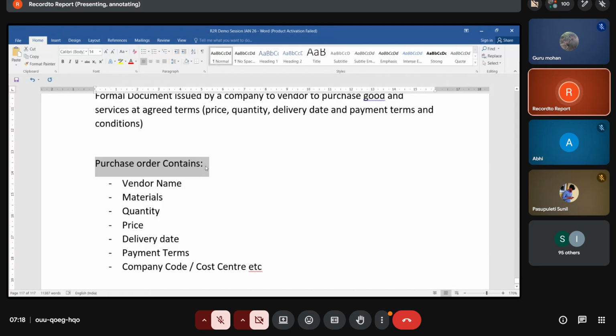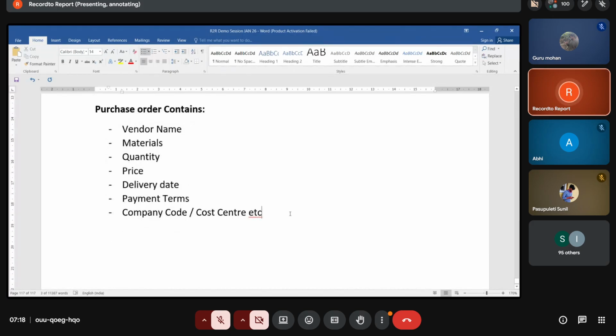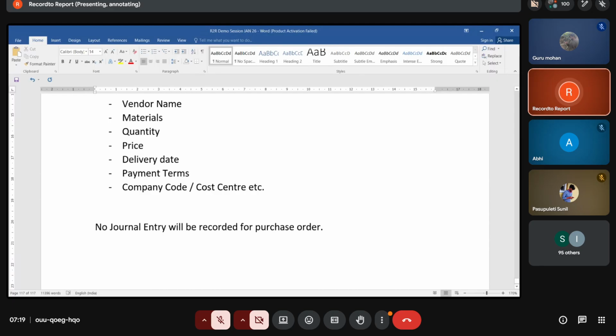Okay, so purchase order. So here, what is the entry to be recorded? Very important thing, no journal entry will be recorded for purchase order. It's a very important technical question. So can you tell me the journal entry for purchase order? Do we have any journal entry for purchase order?